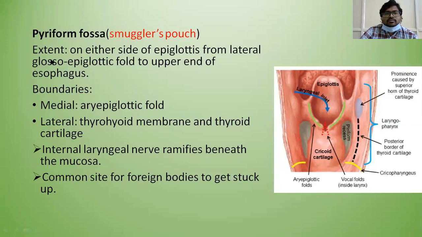Now coming to the extent of the pyriform fossa. On either side of the epiglottis, it extends from the lateral glossoepiglottic fold, also known as the pharyngoepiglottic fold, to the upper end of the esophagus. The pyriform fossa is an inverted pyramidal structure.